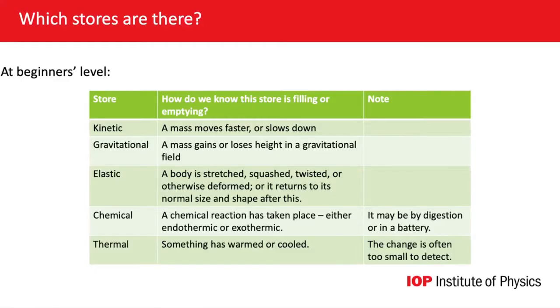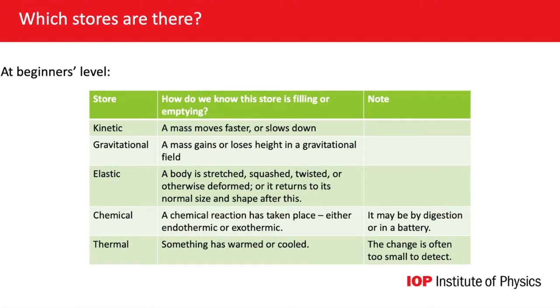Perhaps you could tell us, Joe, which stores are there? Well, which stores there are would really depend on which age group of students we're talking about. But as we're considering students between the ages of 11 and 14, the stores that are generally considered at this age are a kinetic store, gravitational store, elastic store, chemical store, and a thermal store.